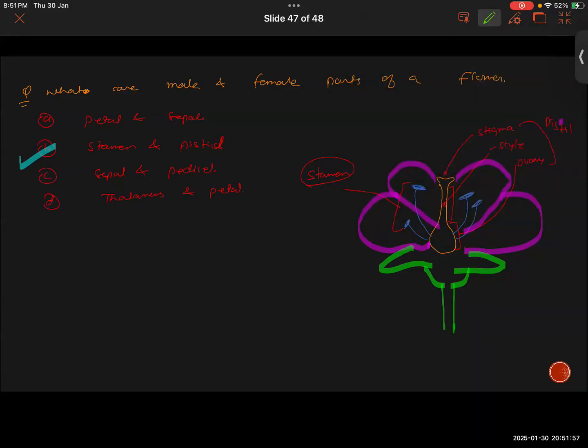Another question, you guys answer. The process of transferring pollen grains from the anther to the stigma is called. What do we call this?